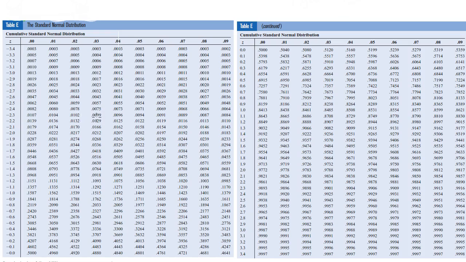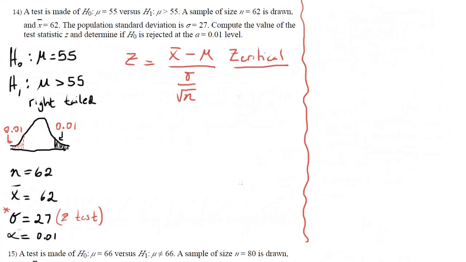I'll say negative 2.33, right? For 0.01. This rounds to 0.01, negative 2.33. So here, negative 2.33. And here, positive 2.33. That's my Z critical value, 2.33. That's step 2.